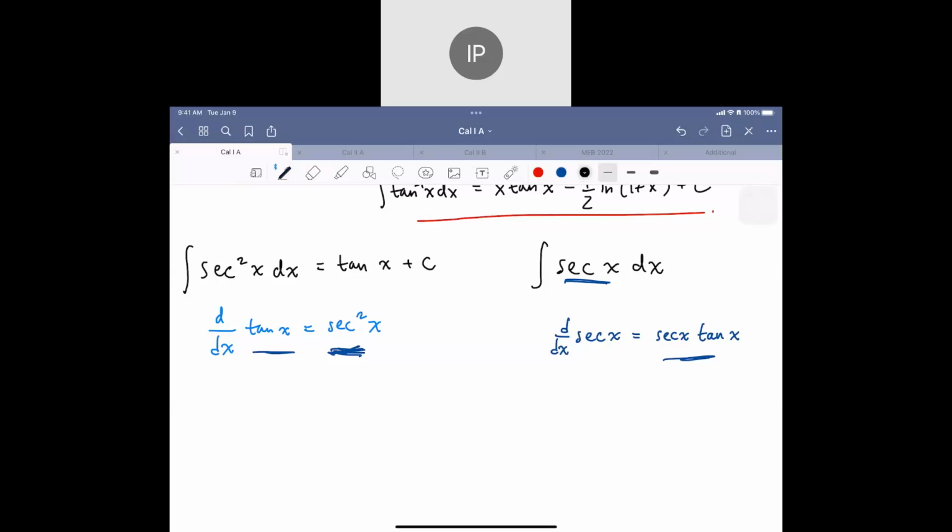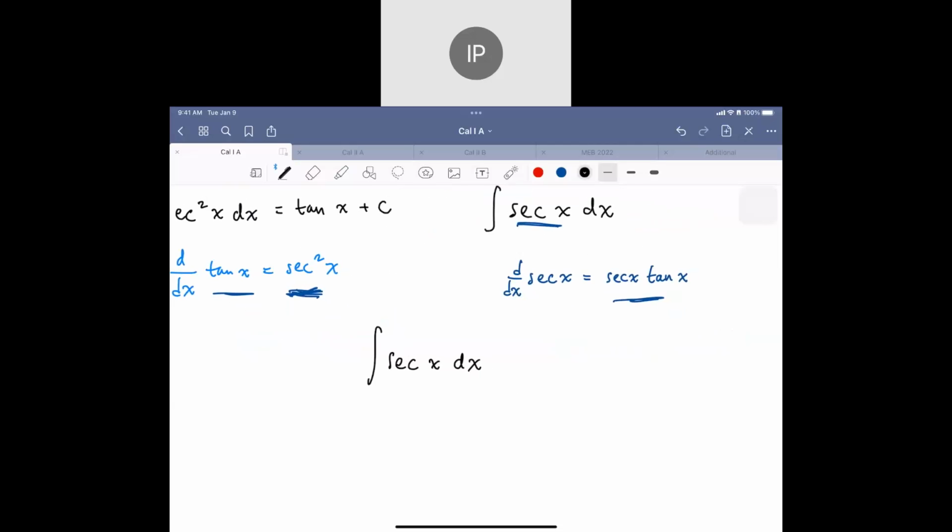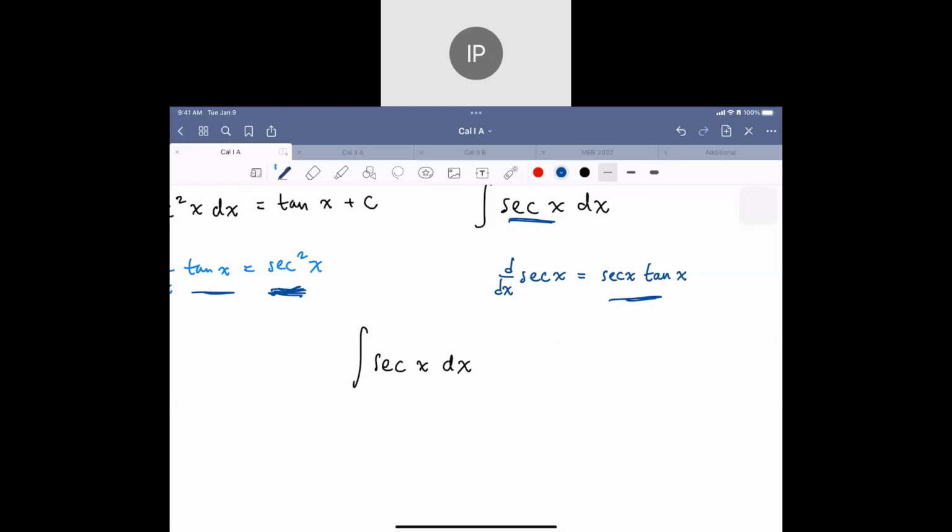Now let's imagine we have secant x. The first method is to multiply the secant x with a fraction. Of course, this fraction should equal one. It's like rationalization, like we did when we learned limits, right?